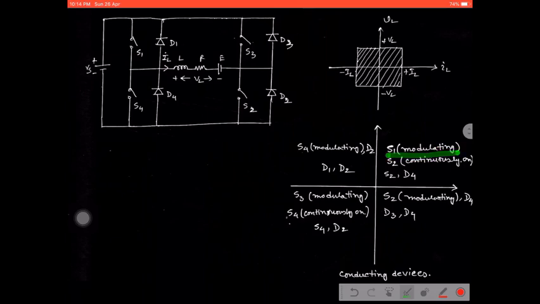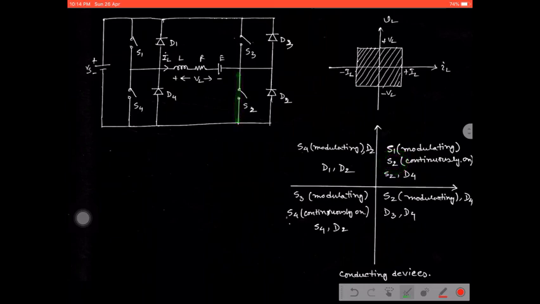And for this application, S2 must be closed during the discharging path, and it will discharge through D4 during the class A chopper. That is why S2 and D4 define the discharging path, and S2 is continuously on.